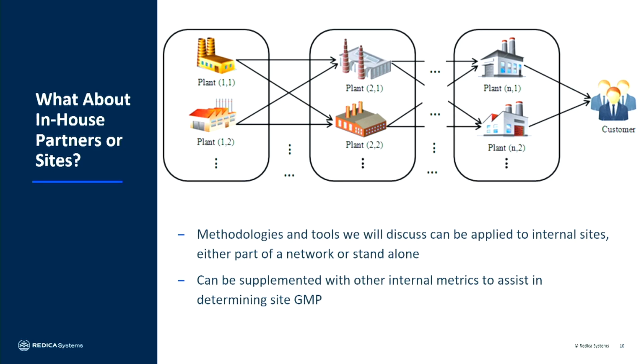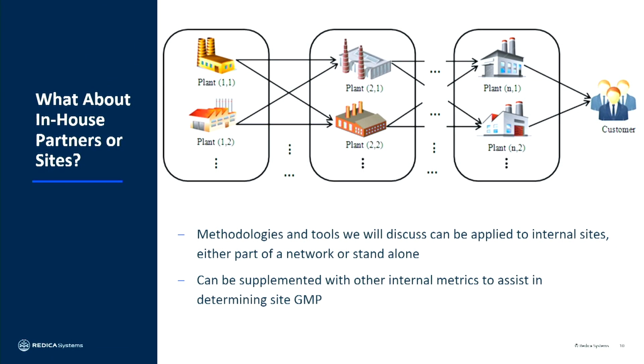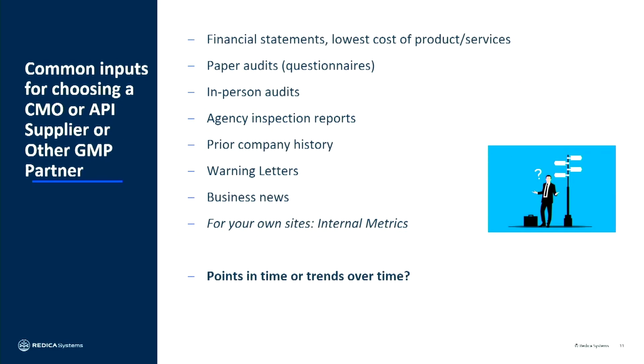So you have these sister sites or customer sites that are still all part of your network and owned by the same company. The methodologies and tools we're going to talk about can be applied to those as well. So you can use these to assess the GMP health of your own site or your own sites within your network. And of course, that can be supplemented with any internal metrics, which we wouldn't have access to. As I said, this is all publicly available.